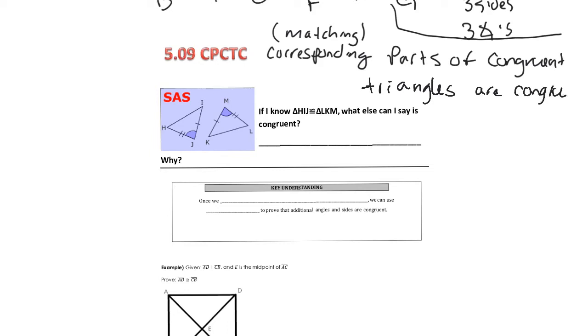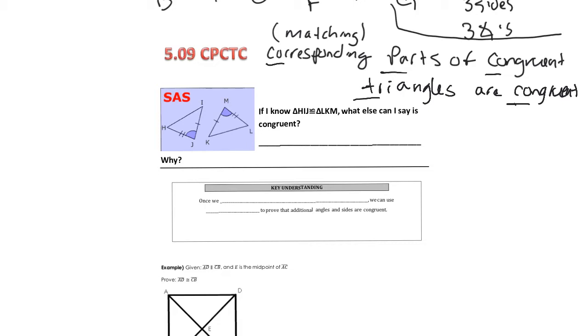That's what it stands for. CPCTC. It's a fancy way of saying once the triangles are equal, we know everything else is equal.